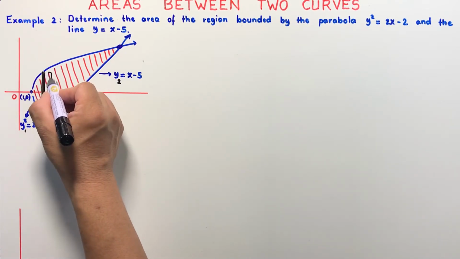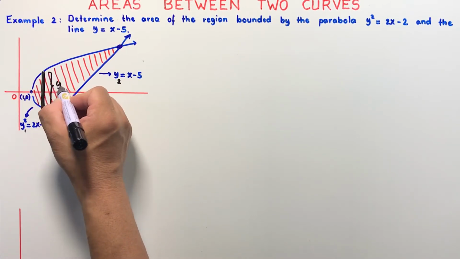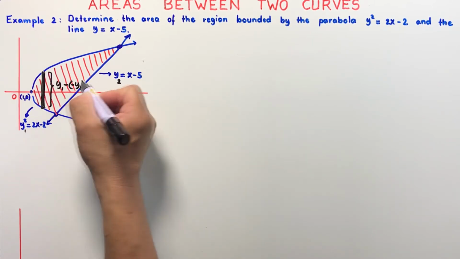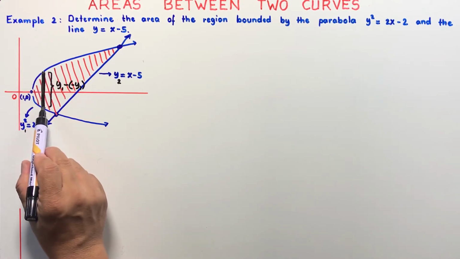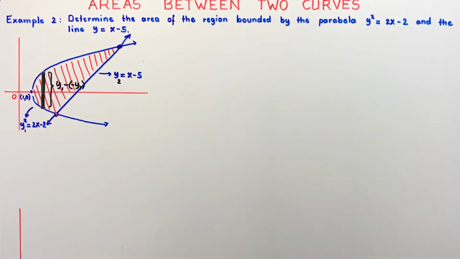So therefore, to find the length of this slice is y sub 1 minus the negative of y sub 1, because it has upper boundaries and lower boundaries in the same curve here.